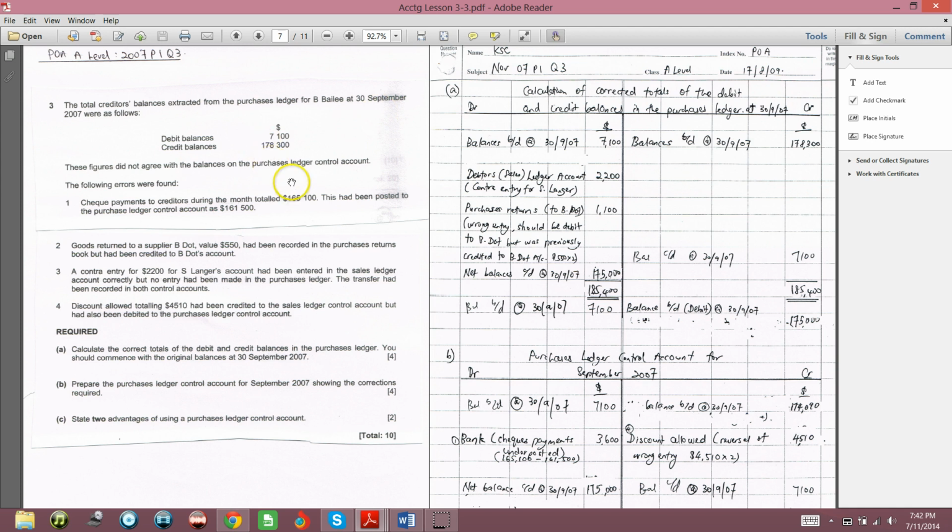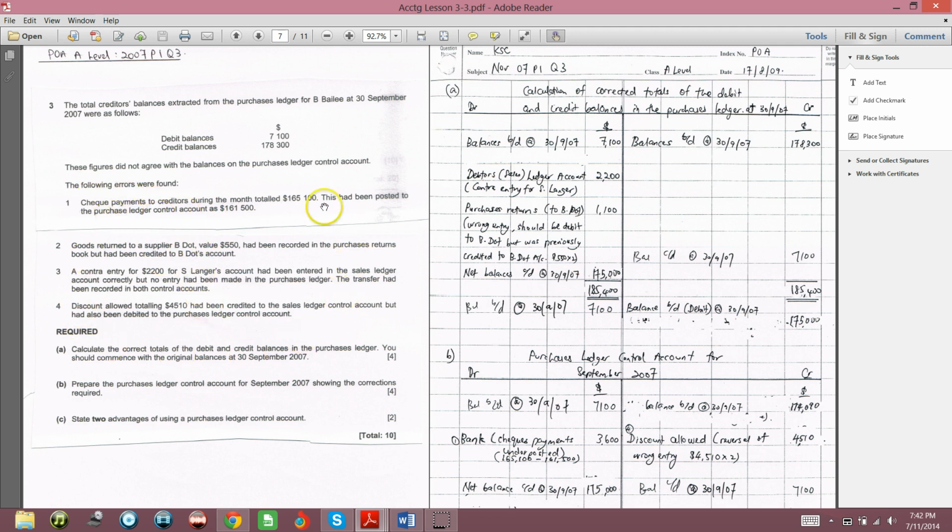So this is the purchasers ledger. These are the figures. These figures did not agree with the balances on the purchasers ledger control account. So that means I draw a structure for part A and part B, then I try to fill in. The following errors were found.